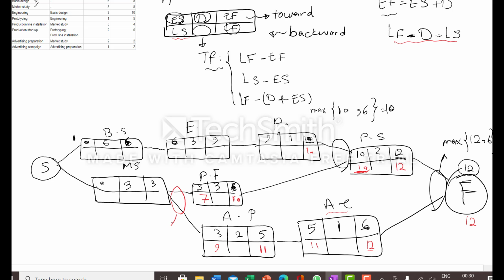Here we should use the minimum of 9 and 7 to select the latest start of this activity. The minimum of 7 and 9 is 7. 7 minus 3 is 4.